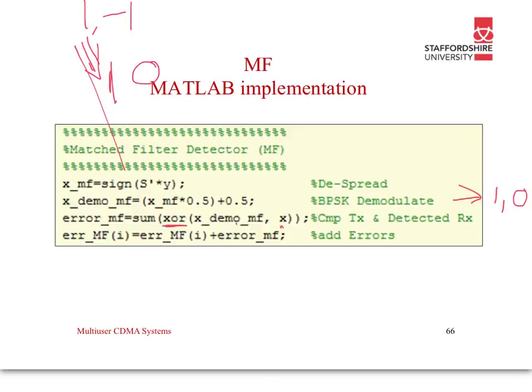So the sum of the exclusive OR of those two matrices will give the number of errors. I've stored that under error, and then I've added that error to the final error, because this is part of a loop, depending on how many times we go around that loop. So that's the MATLAB implementation of the matched filter.